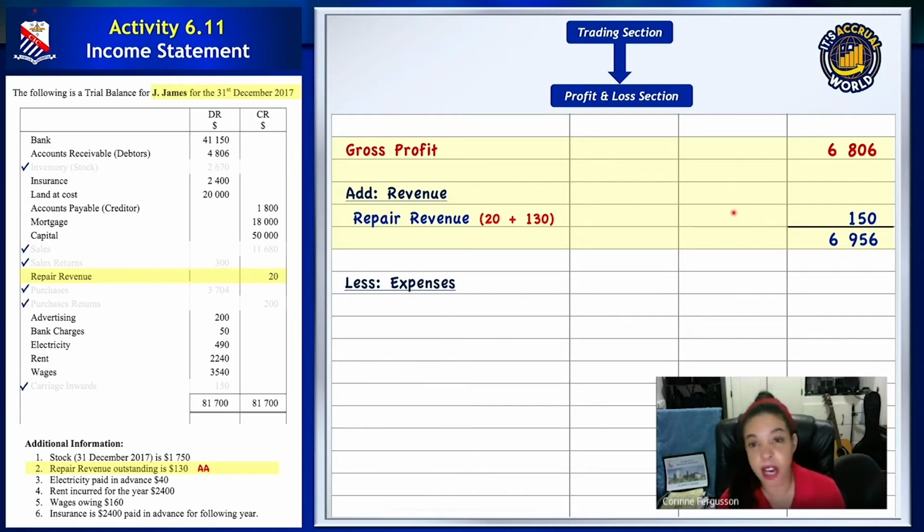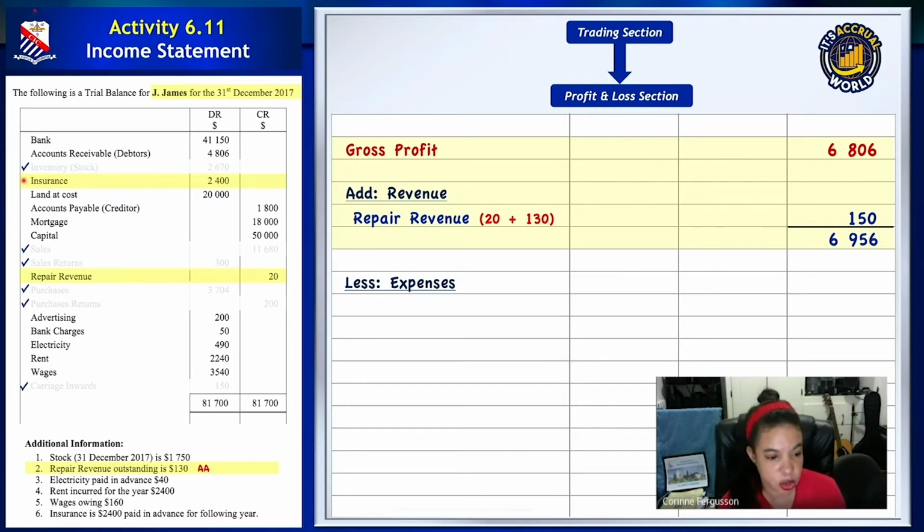After you have your total revenue figure, you're going to less any expenses. So you go to your trial balance again, and you're looking for expenses. And you see here, insurance. Insurance is an expense. So once again, you're going to go down in your notes because we may have accruals and prepayments.